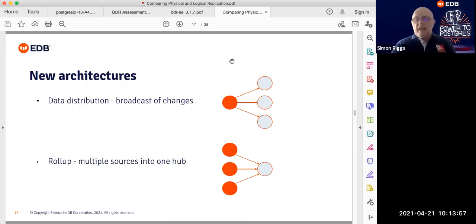What logical does allow is a number of different new architectures. You can more easily broadcast changes to a range of different databases, or you can roll up information, taking multiple sources into one hub as a way of collecting data from multiple different places.